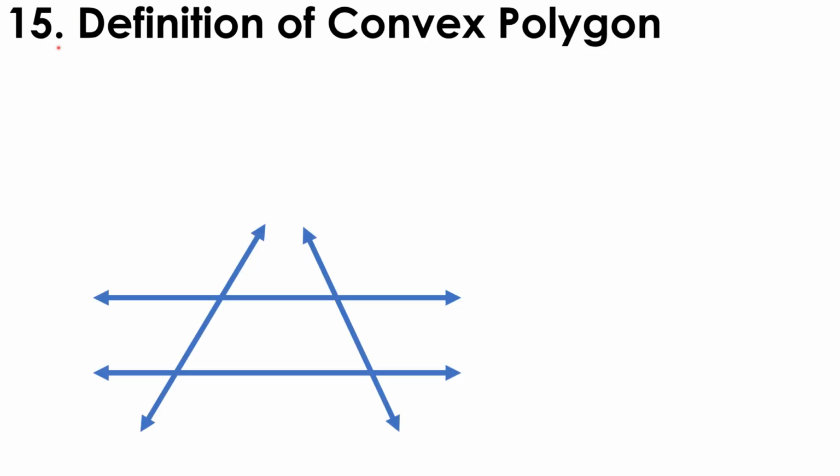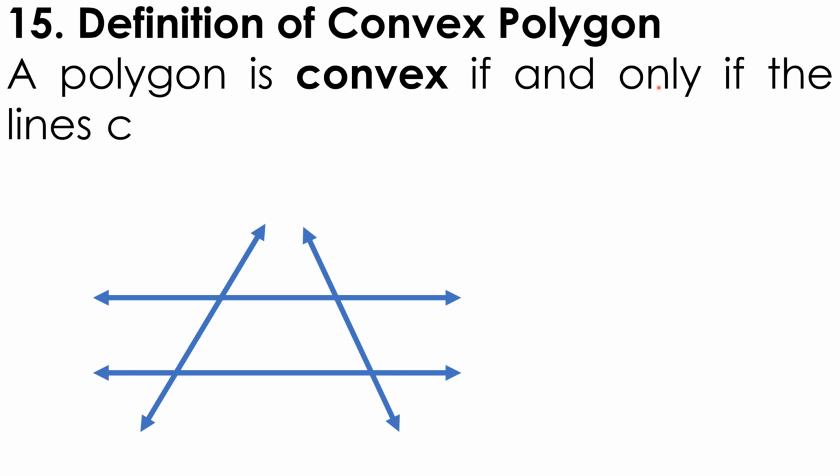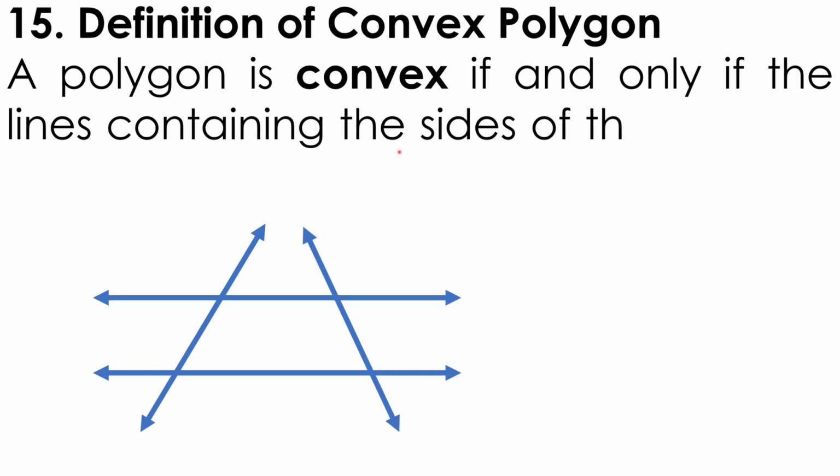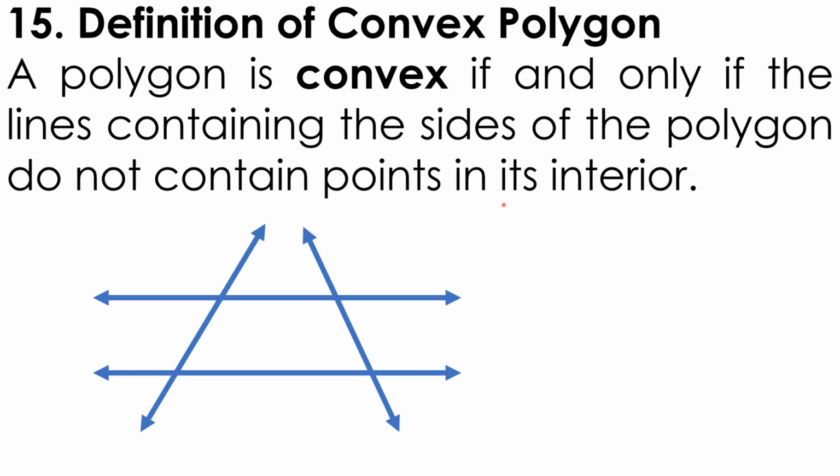Now let us proceed to the definition of convex polygon. A polygon is convex if and only if the lines containing the sides of the polygon do not contain points in its interior. For example, we have here this figure.